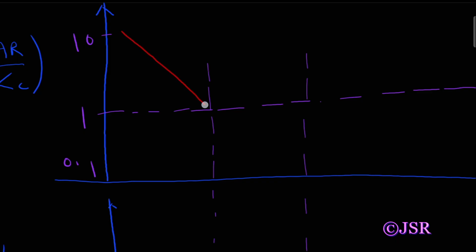So this will be the 1 upon omega I tau I, and this will be the 1 upon omega d tau d.